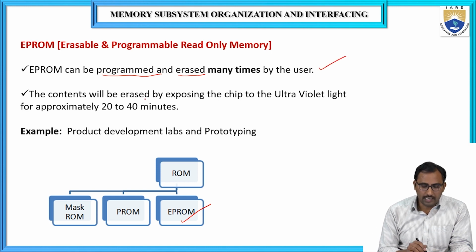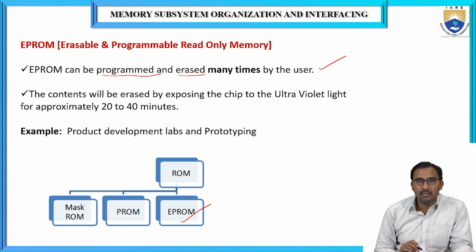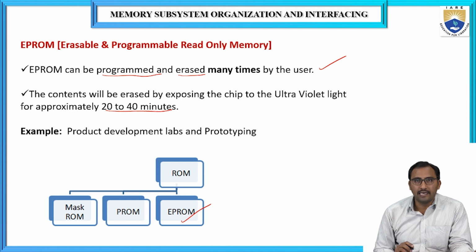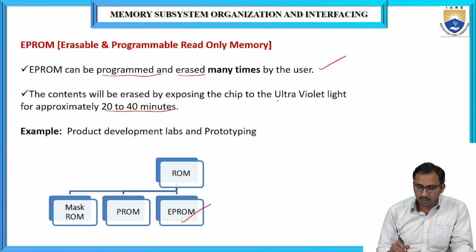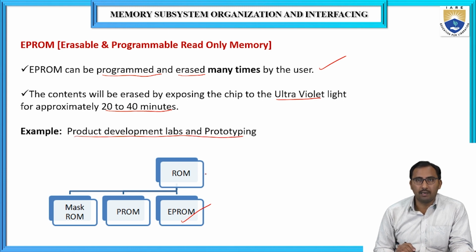The contents of the EPROM can be erased by exposing the chip to ultraviolet light for approximately 20 to 40 minutes. When you expose the EPROM chip to ultraviolet light, the contents inside the chip get erased. This type of EPROM is useful for product development labs and prototyping purposes.